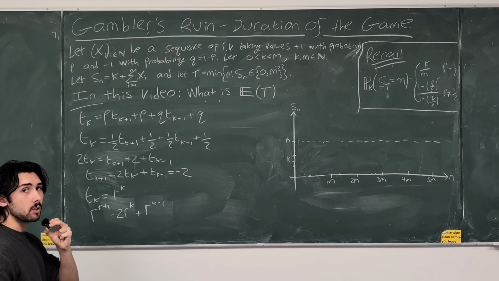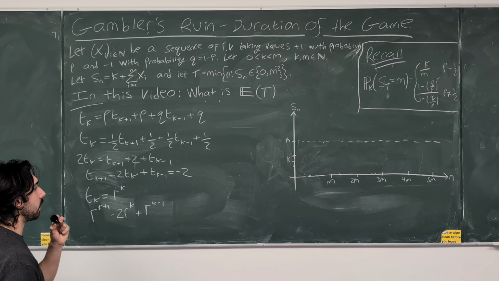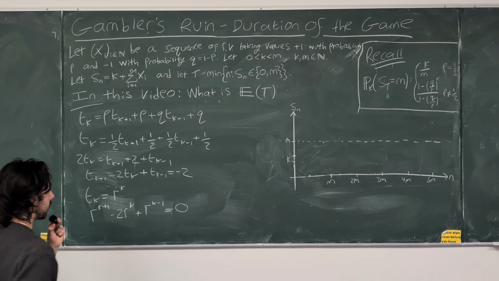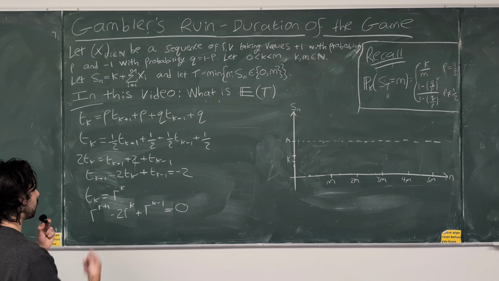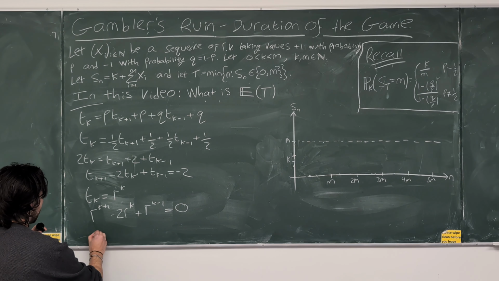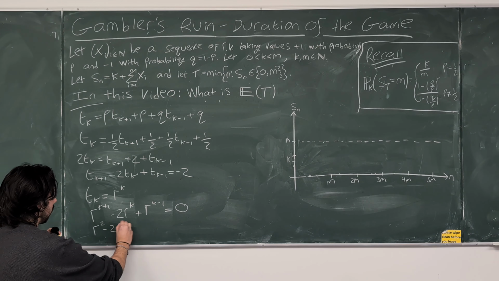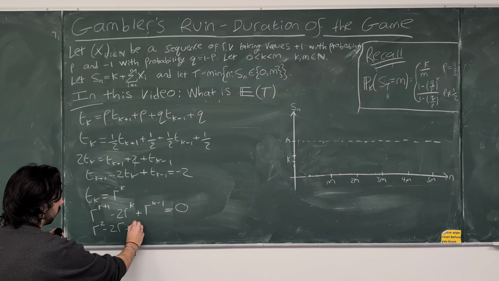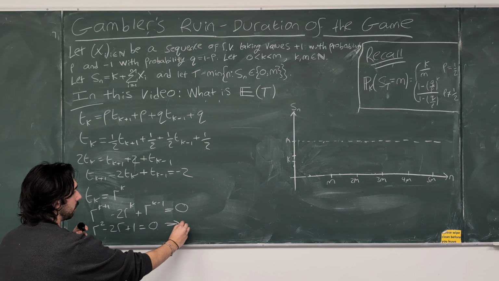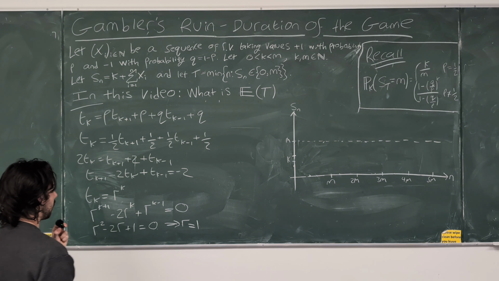And remember, when we do this, we're solving the homogeneous version. So I'm going to ignore the minus 2 for a second, and I'm going to set it equal to 0. I can then divide everything by r to the k, and I can times everything by r to get r squared minus 2r plus 1 equals 0. And hopefully it's clear to see that that means that r is the number 1.